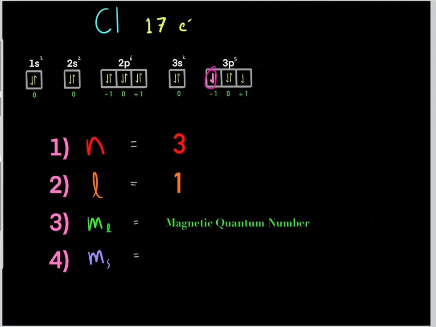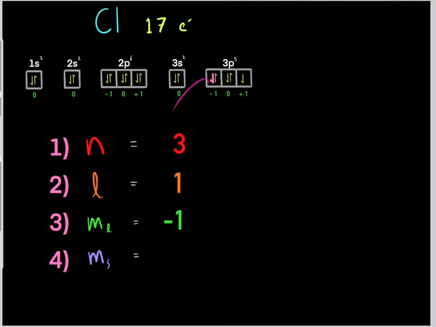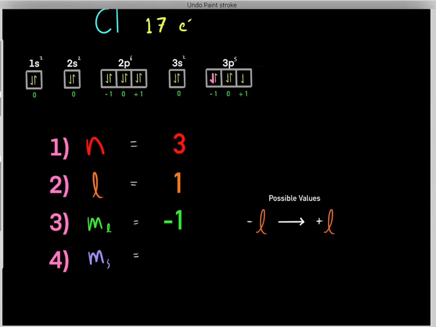So again, this particular electron is in an orbital with a magnetic quantum number of -1. So therefore this particular electron has a magnetic quantum number of -1. And what are the possible values of a magnetic quantum number? Well, they range from -L to +L, where this L represents the azimuthal quantum number.